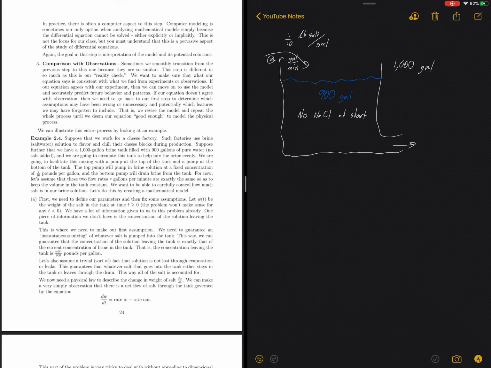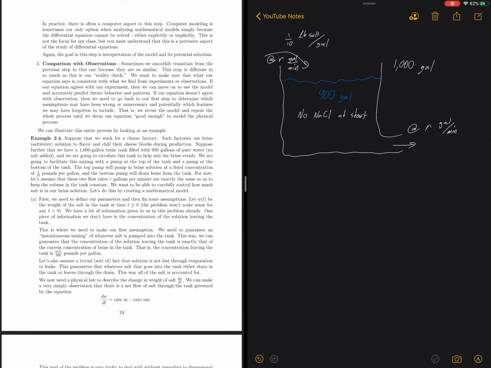And then we also have to tell you how much is leaving the tank. You want to be able to monitor how much is coming in and weigh that against what is coming out. So for simplicity, this is also going to be coming out at R gallons per minute.